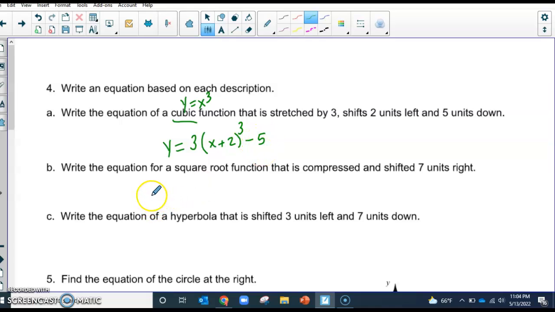For my square root, let's switch the color here for you. I've got y equals, it's compressed. I'm just putting this in on my own, so that's going to be my a, and it's shifted to the right. So that's going to be my h, and it's going to be plus.